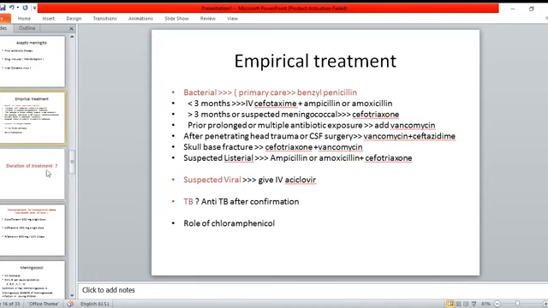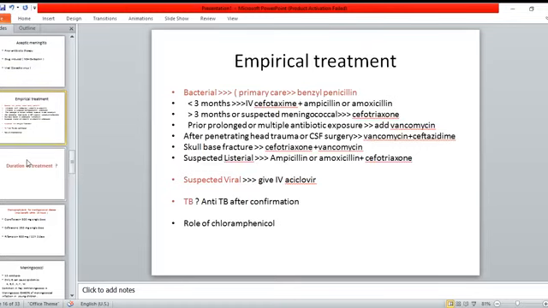Okay, so just to recap this empirical treatment: in primary care, start with benzylpenicillin. If you're in the hospital, start with ceftriaxone. If it's a young baby below 3 months, add ampicillin or amoxicillin to ceftriaxone.